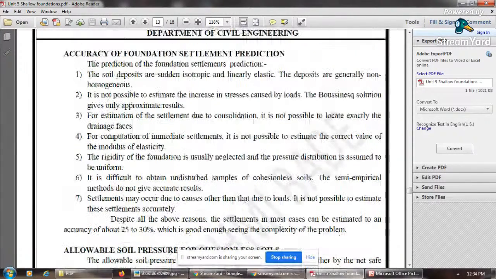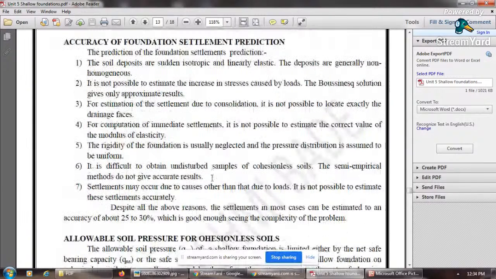Accuracy of the foundation settlement prediction. In the prediction of foundation settlement, the soil deposits are assumed to be isotropic and linear elastic. The deposits are generally non-homogeneous. So the first assumption is that soil is isotropic.